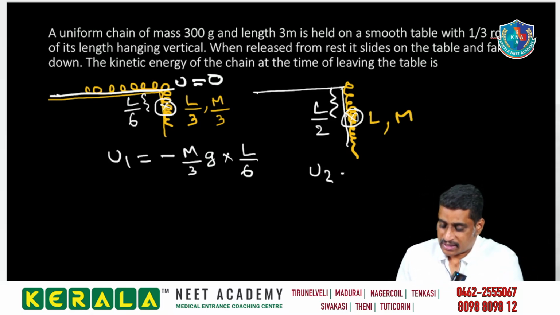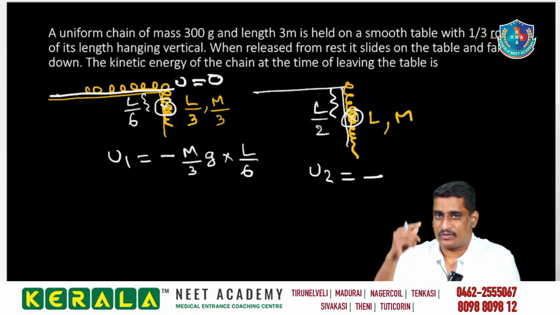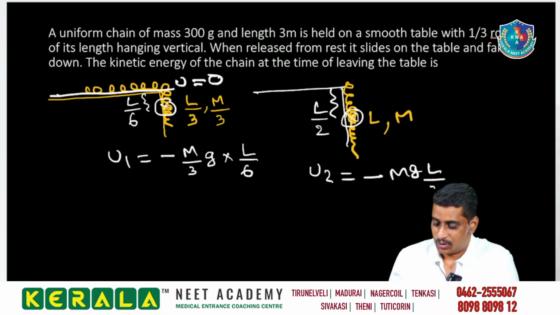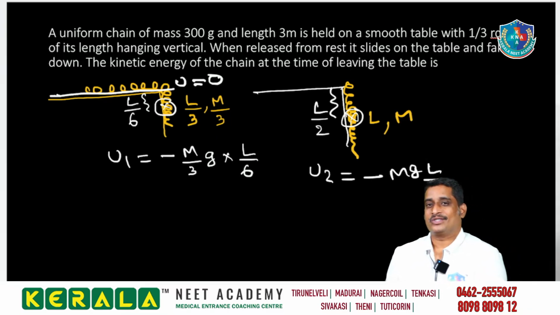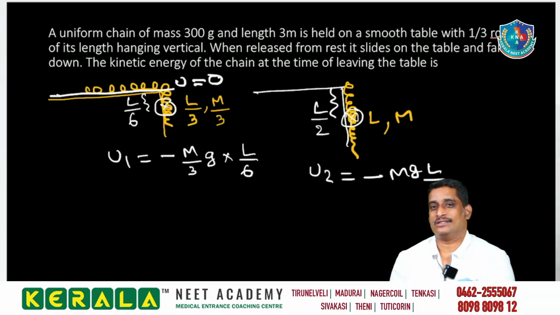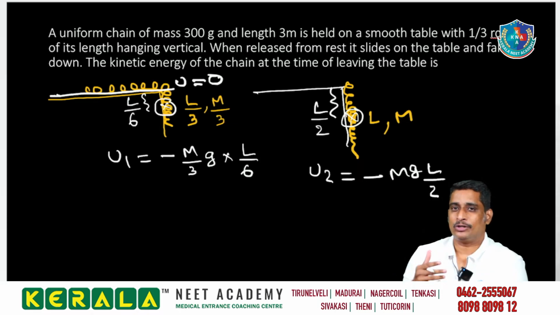If you come to the second part, the total length is hanging. In this case, the potential energy of the chain will be given by minus mg into L by 2. So in this example, there is a loss in gravitational potential energy of the chain. That loss in gravitational potential energy will be converted into kinetic energy of the chain.